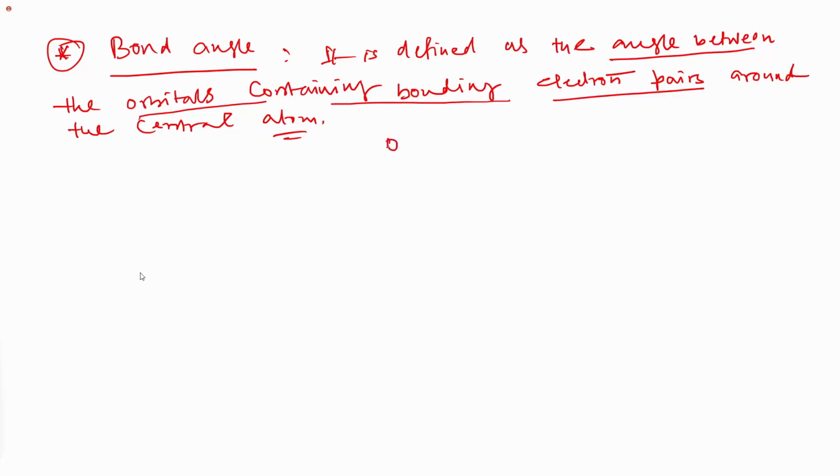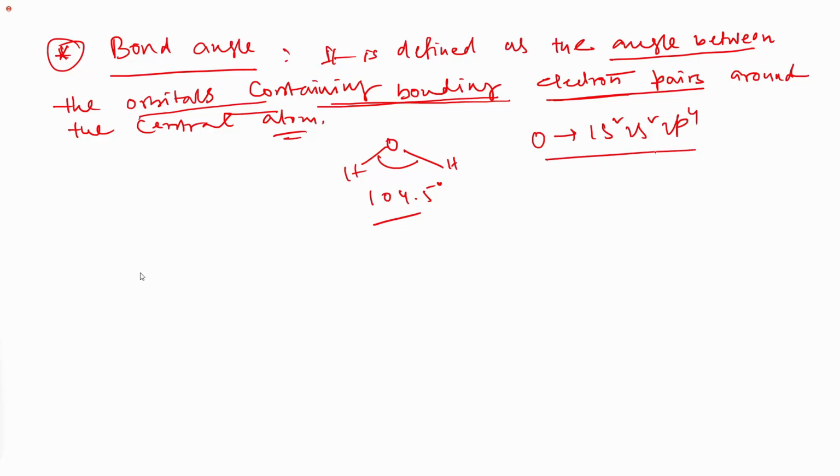Suppose you see H2O, the bond angle is 104.5 degrees. Now what does it mean that this line contains bonding electron pair orbitals? Oxygen's electronic configuration is 1s2, 2s2, 2p4, and hydrogen is 1s1. So when this water molecule is forming, the 2p and 1s orbitals are involved in forming this covalent bond.